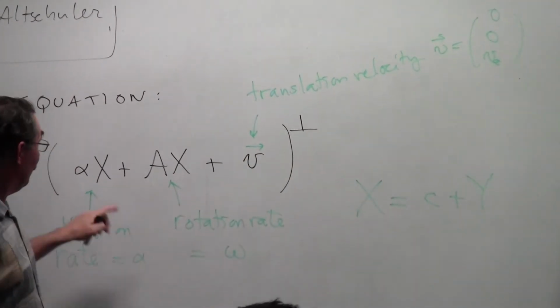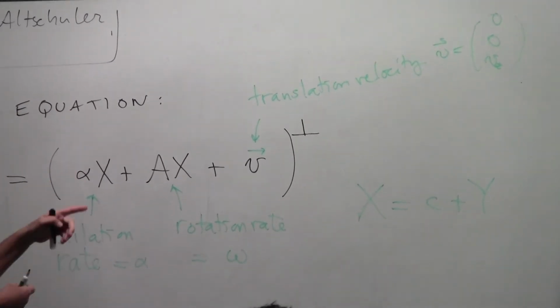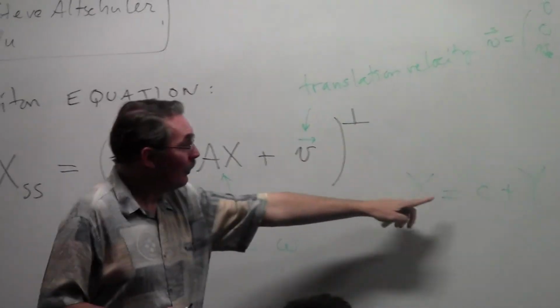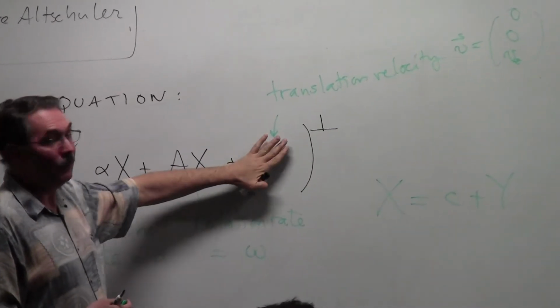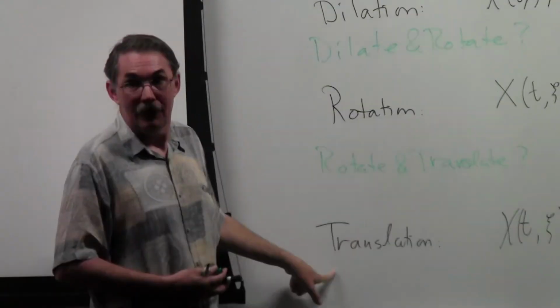So if you have a dilating soliton, if alpha is non-zero, if the thing is expanding or shrinking, then just by relocating the origin, you can get rid of this term. So that's why we don't look at dilating and translating solitons.